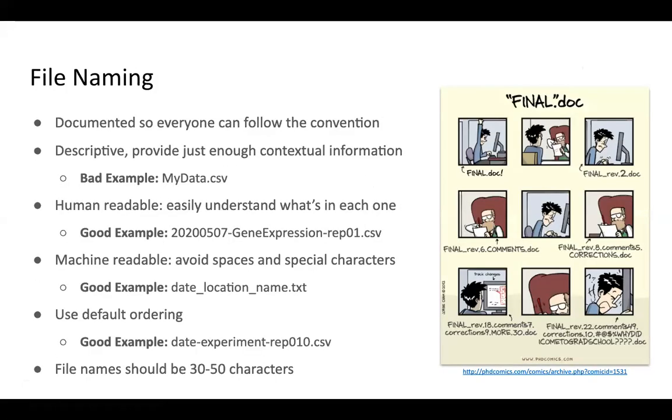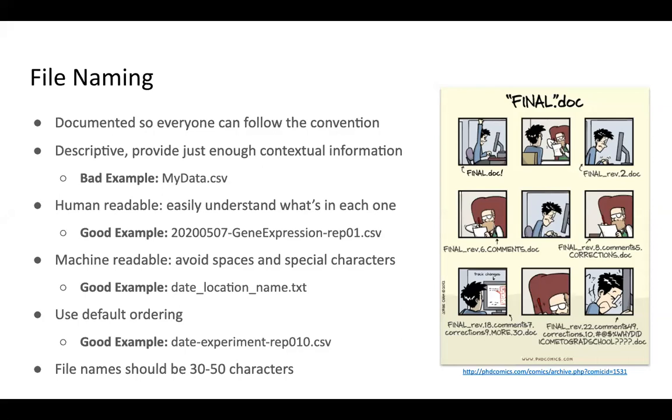So I'm briefly going to go over the different parts of the data workflow, starting with file naming conventions. File naming conventions should be documented so that others in your lab or department can follow this standard. They should be descriptive and provide just enough contextual information, be human readable, so that others can easily find what's in each file. The file names should also be machine readable.